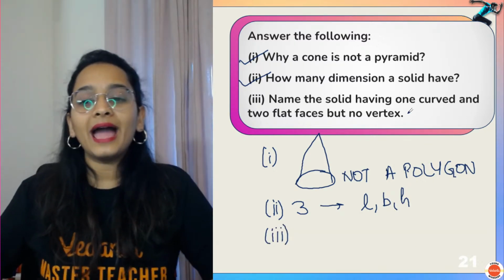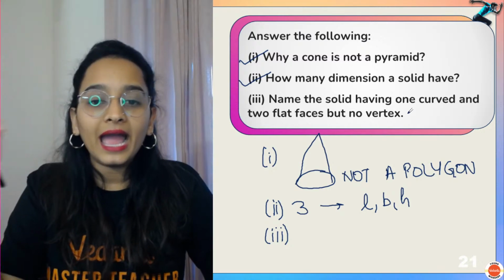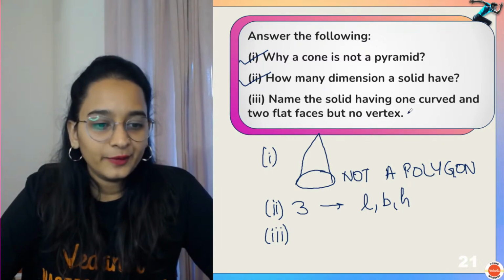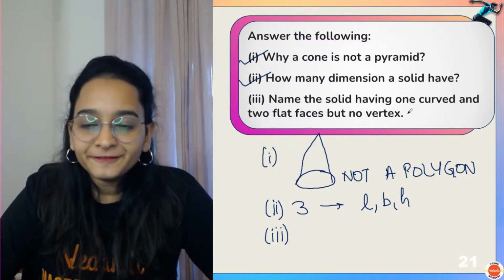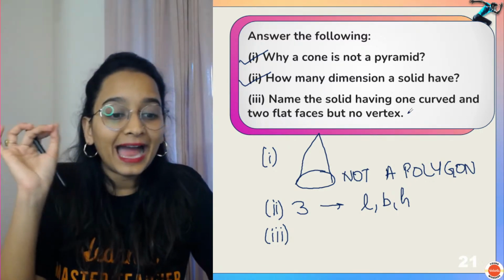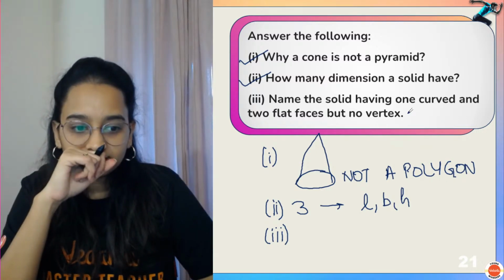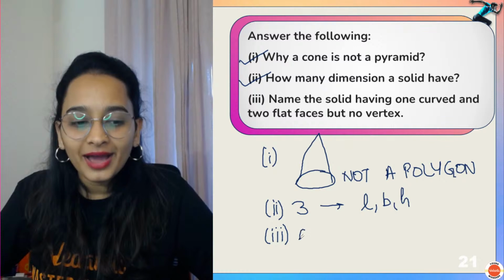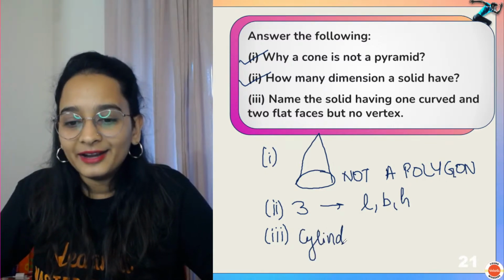Now, the next one. Name the solid having one curved and two flat faces but no vertex. What is it? One curved face, two flat faces, and no vertex at all. Prem Singh Rathore has got it right. It is a cylinder.